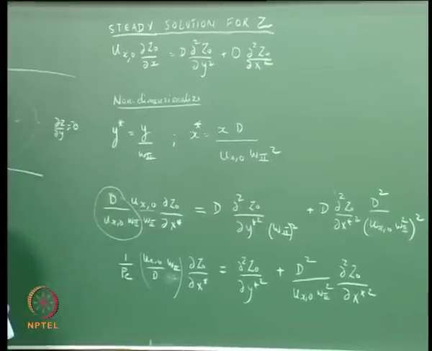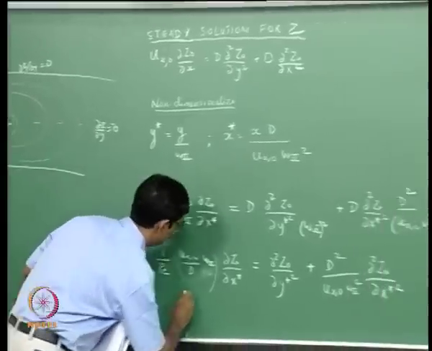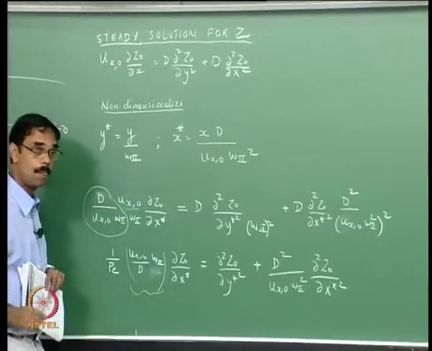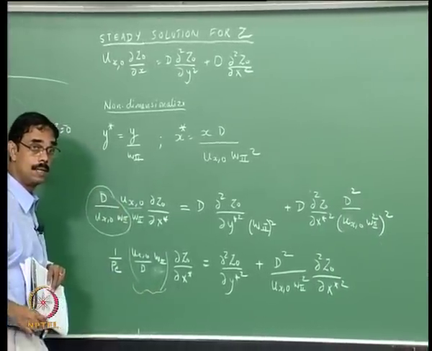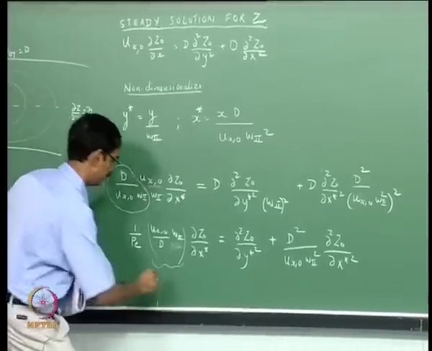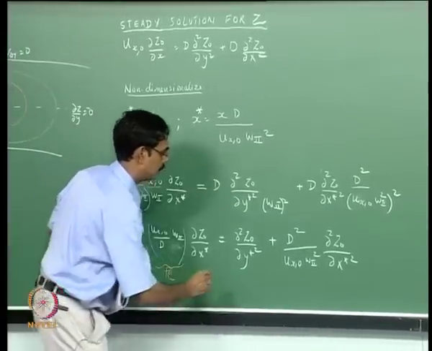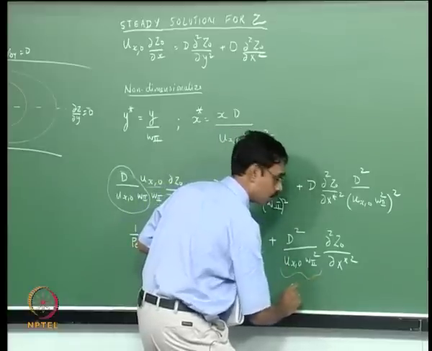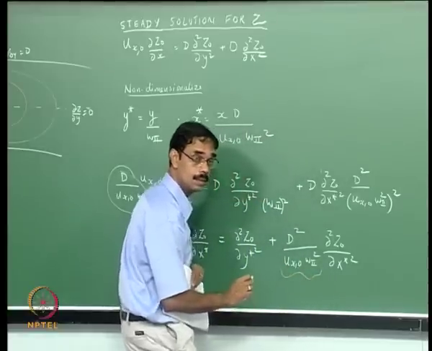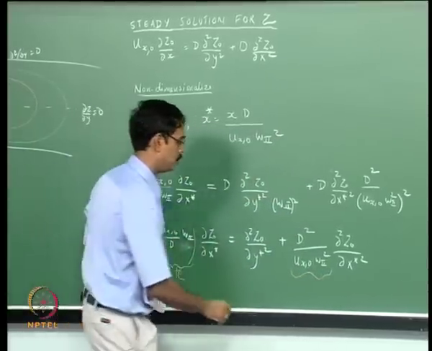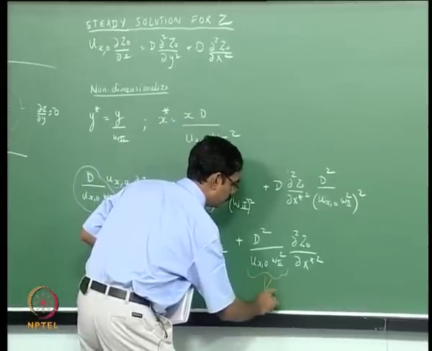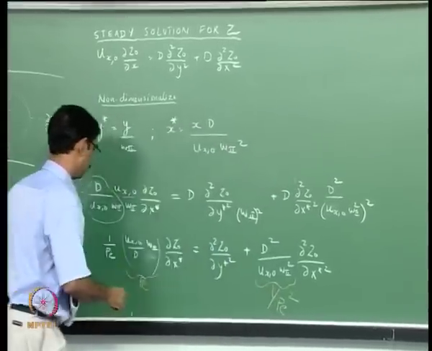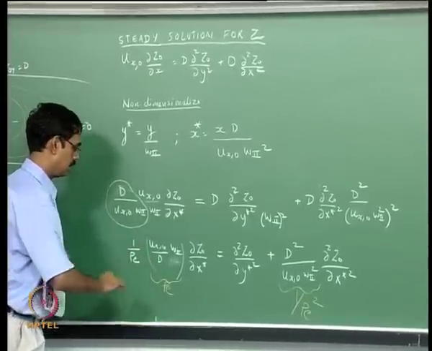So this is the Peclet number and this is 1 over Peclet squared. So this should cancel with this, right?